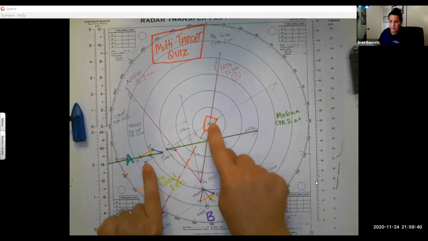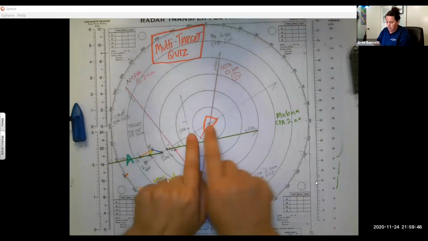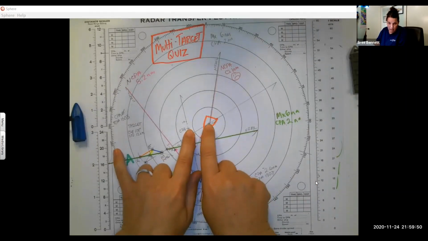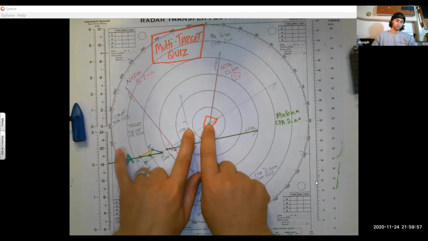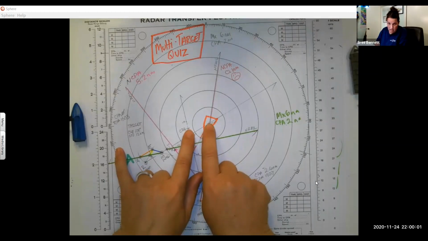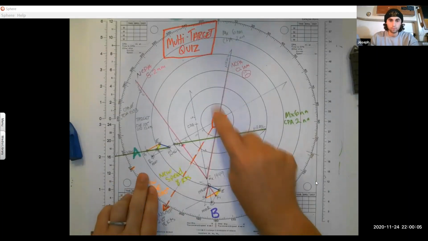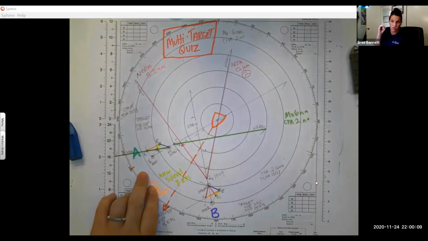It's CPA 0, collision course. This guy's CPA is wherever it's closest. So if you're trying to find the bearing of it, it's going to be 255 or something. But you don't really need to find that bearing of it. But for the 0 ones, it's neither upscope or downscope. It's collision course, just 0.